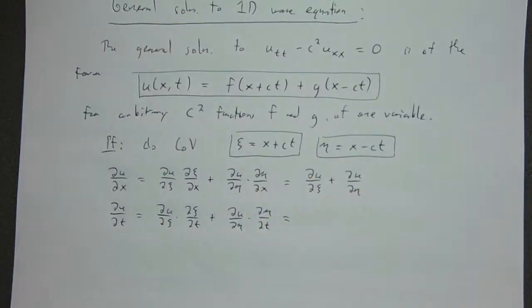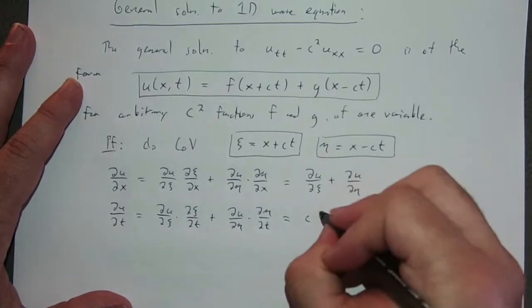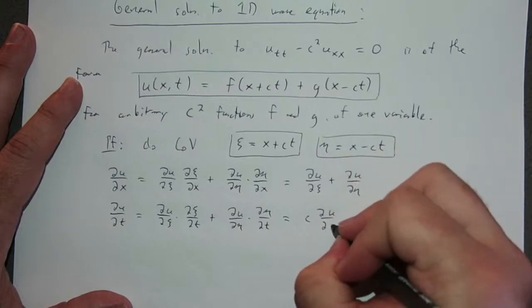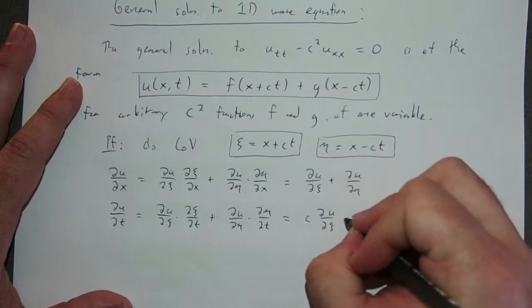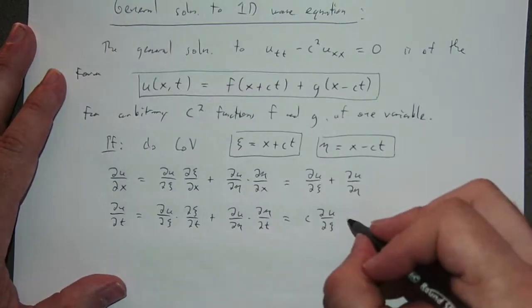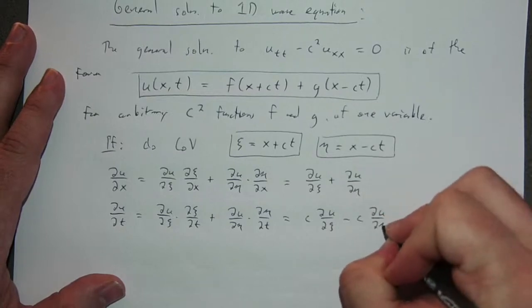But the partial of c with respect to t is c, so this is c times the u partial with respect to c, plus the partial of eta with respect to t is minus c, so this is minus c times the partial of u with respect to eta.